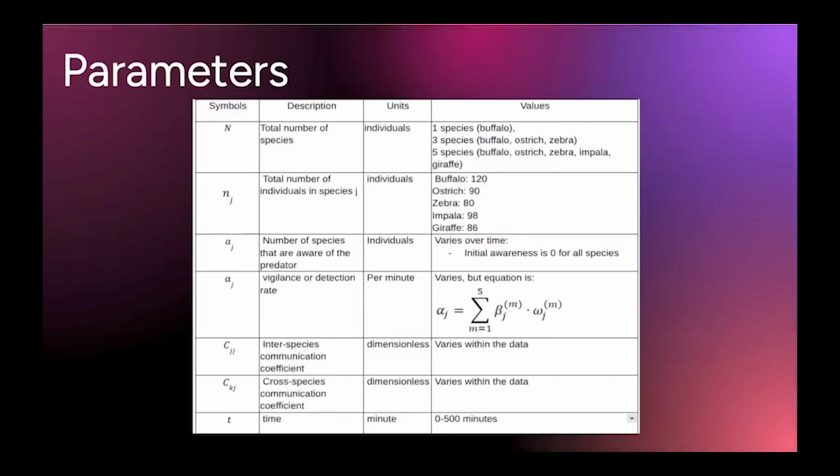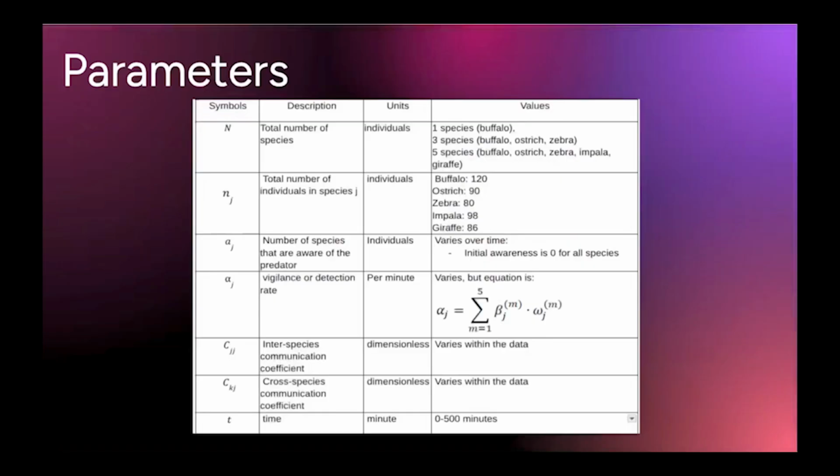For parameters, capital N is the total number of species in the herd, and for every species, N_j is the total number of individuals of that species, and A_j(t) is the number that are aware of the predator at time t. Alpha_j is the detection rate or vigilance, which measures how effectively each species senses danger, and it varies over time.